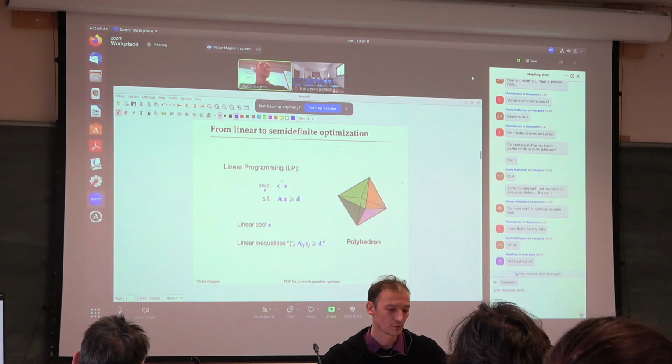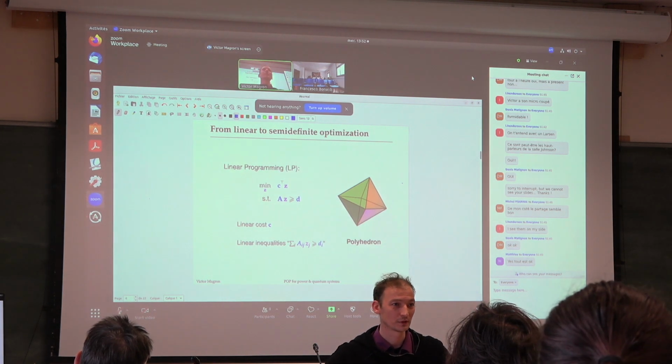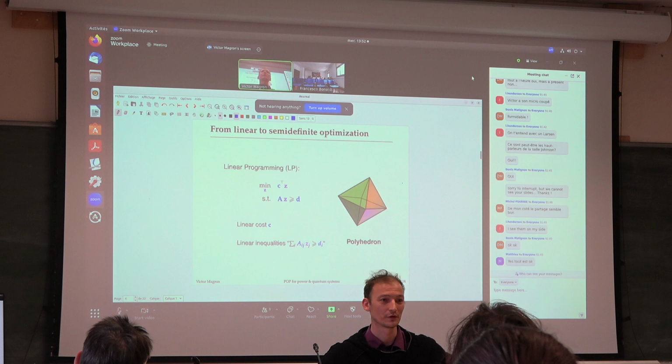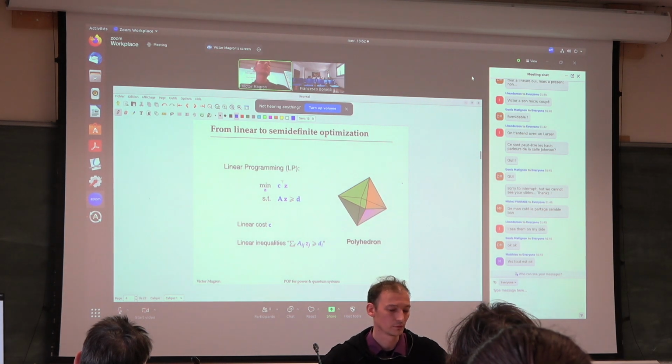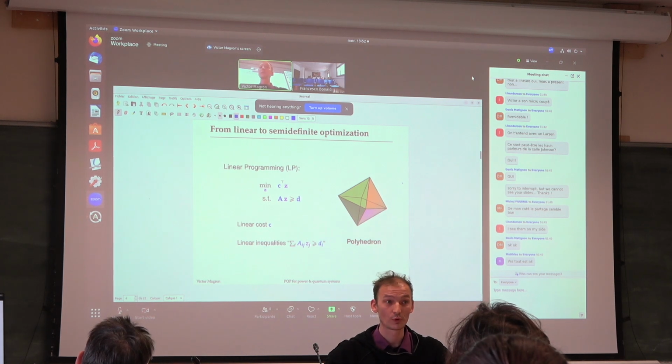Here the objective function is just a linear function, and you have linear scalar inequalities. The feasible set of such a problem is called a polyhedron, or polyhedra. I always forget which is which, whether one is infinite or not. Here we're going to assume that everything is compact and closed. And so this is linear programming.